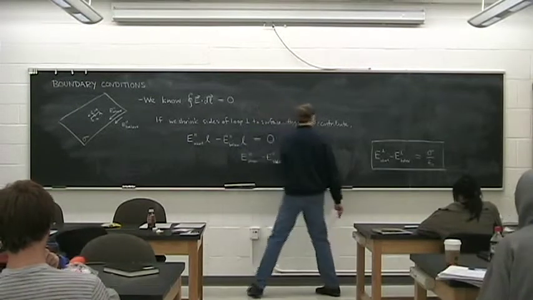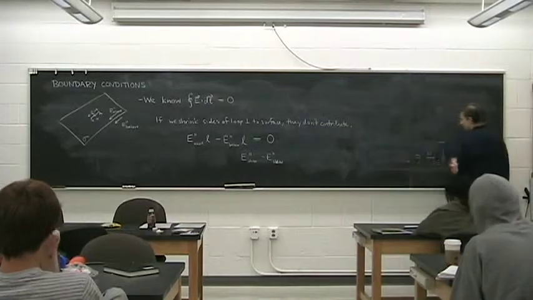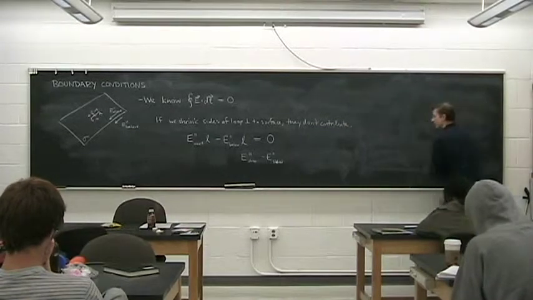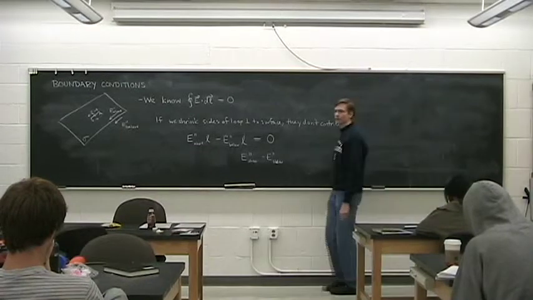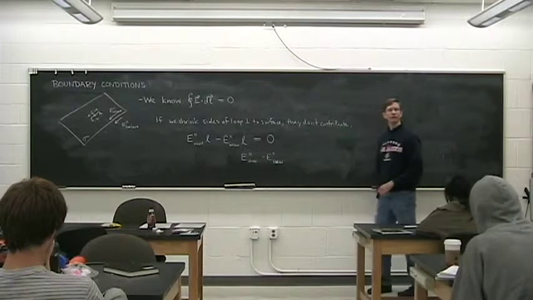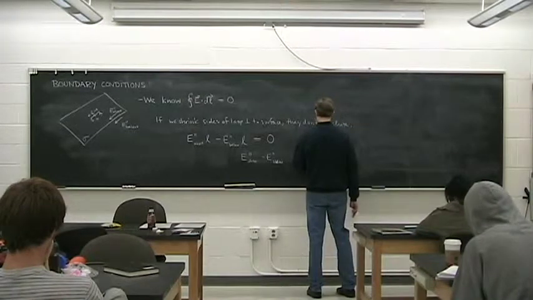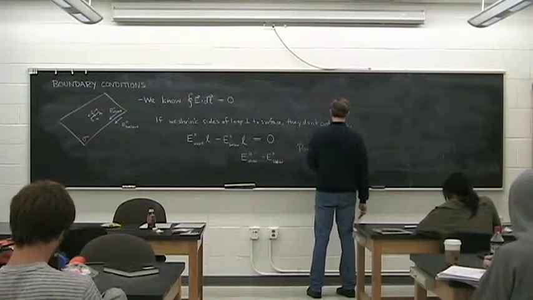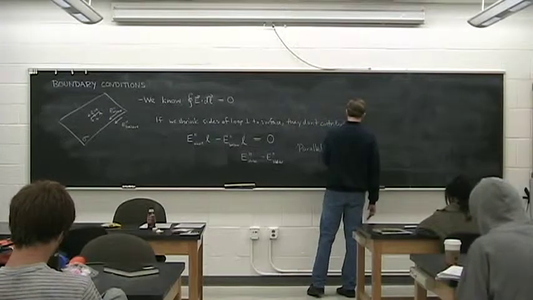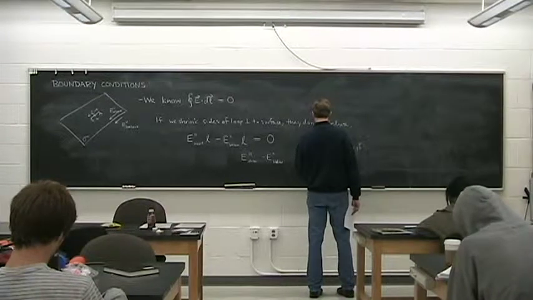So in other words, what we've deduced is that the perpendicular component jumps at a surface charge, and the parallel component is continuous across a surface charge. No sudden jumps.